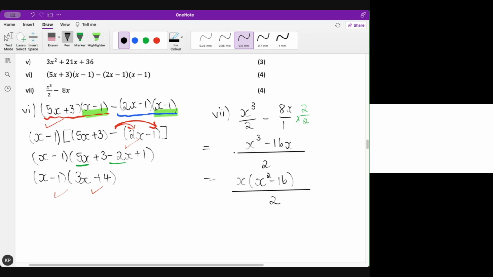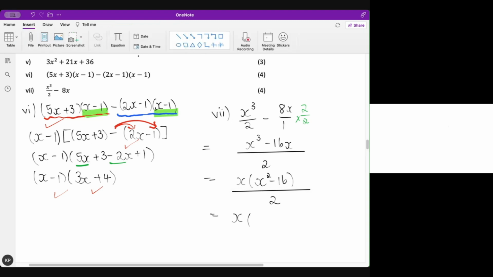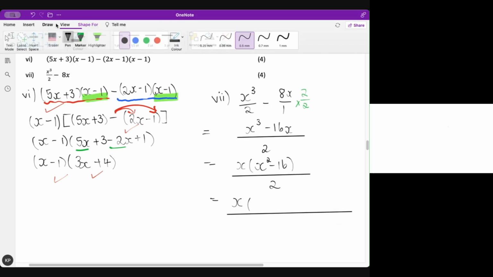No. What else can we do here? Difference of two squares. Lovely. Give me my two brackets, guys. Yes, Itandile. One bracket is going to have x minus 4, and the other one is going to have x plus 4.